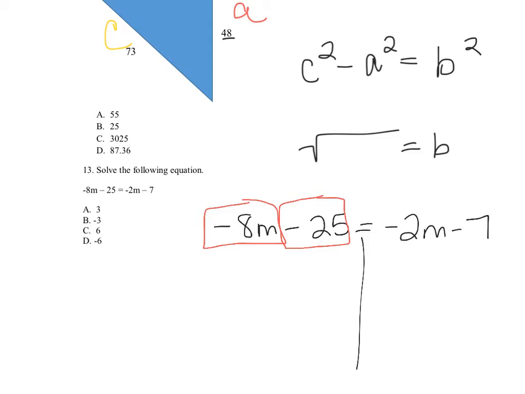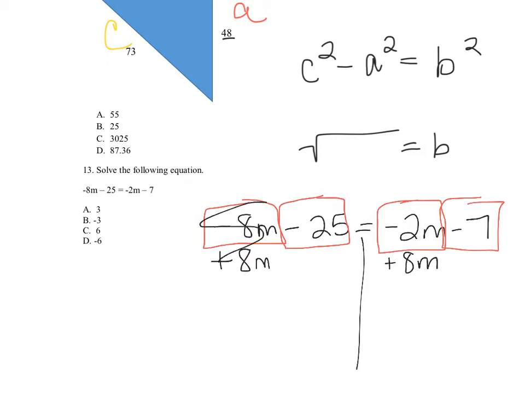So negative 8m, negative 25, negative 2m, minus 7. I think the easiest thing to start with would be to add 8m and combine it with that negative 2m. So then you end up with a positive m that cancels out. Bring everything else down. Negative 2 plus 8 is positive 6m minus 7.